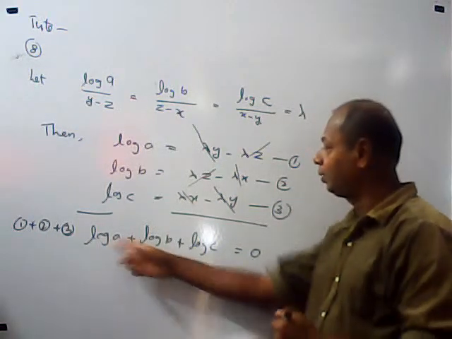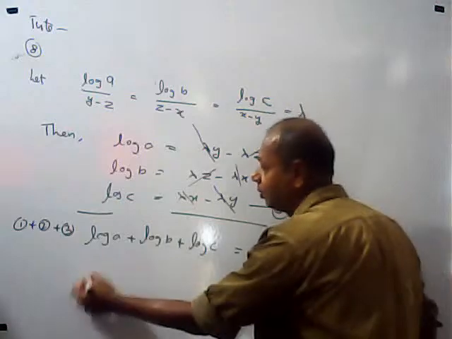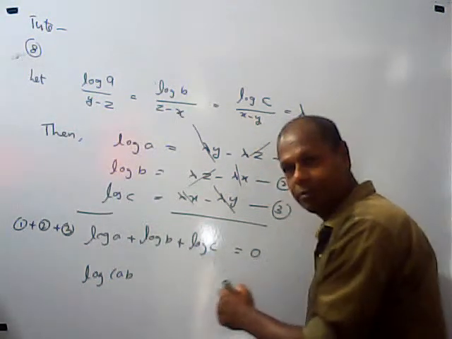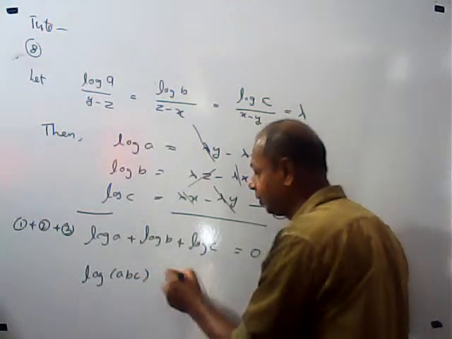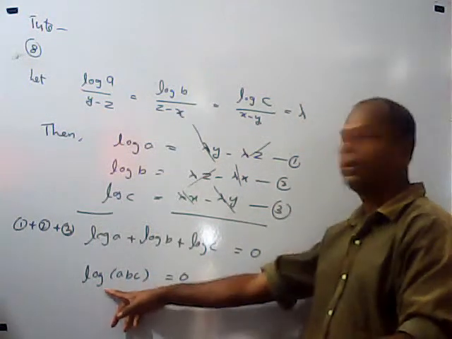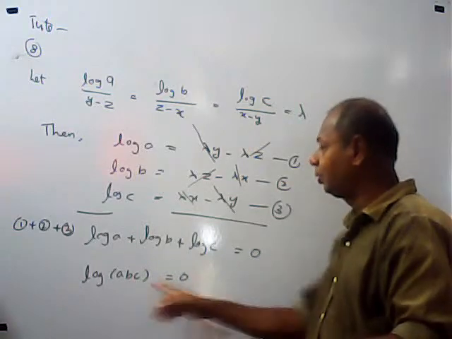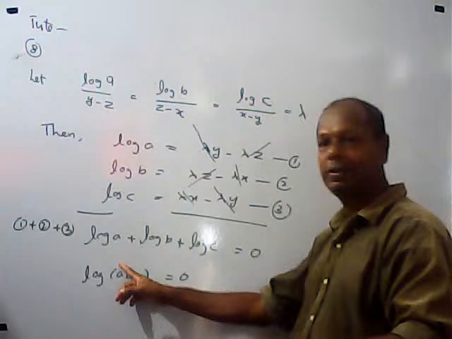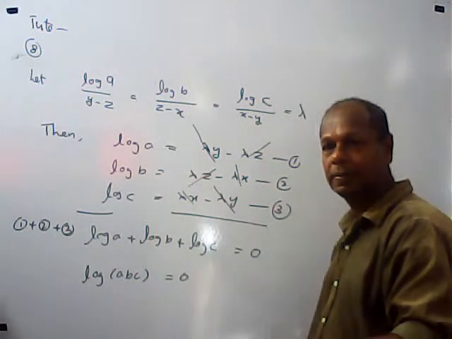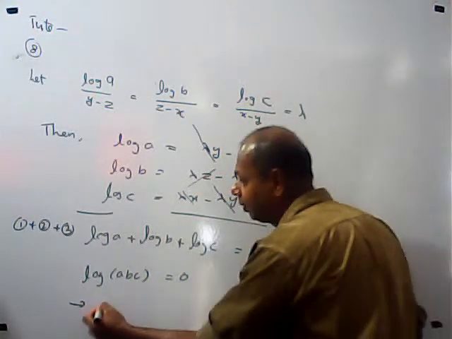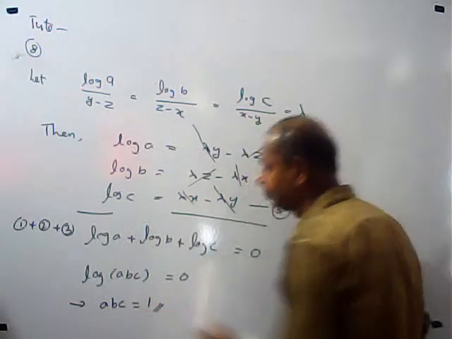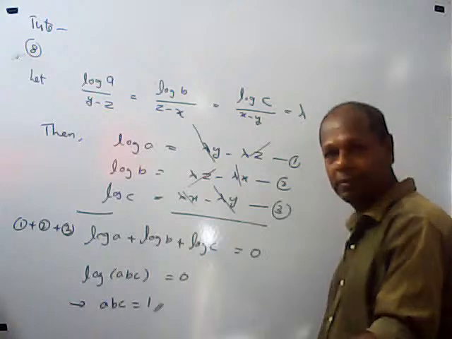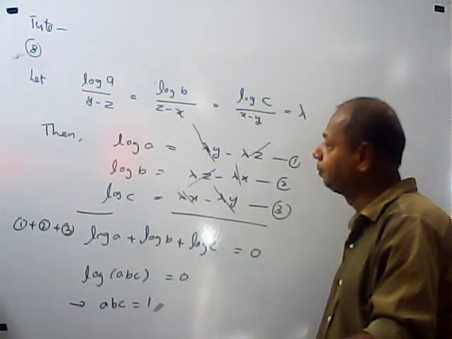Now apply the rule here, log plus log plus log is equal to log of ABC, A into B into C. This is the first rule that we have. Equals 0. Log to any base of something equals 0, then this should be equal to 1, because log of 1 is 0. So this implies ABC equals 1. So that's all.